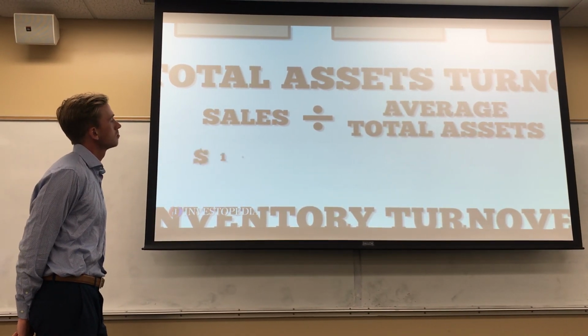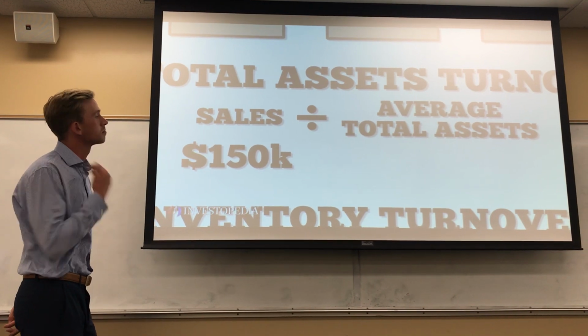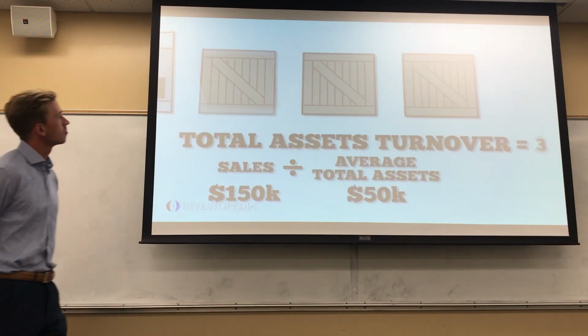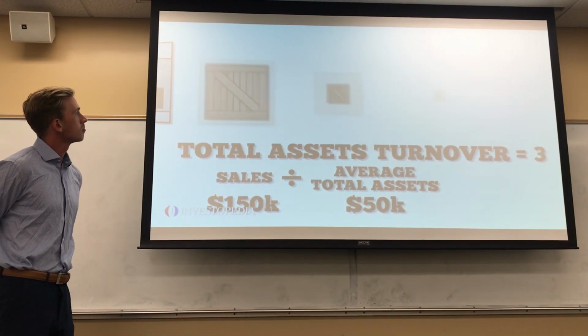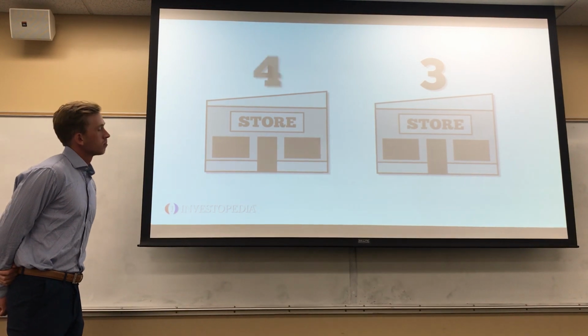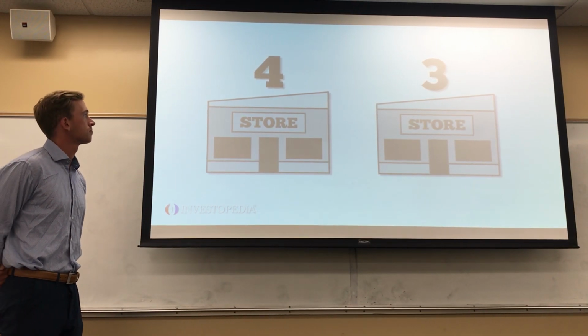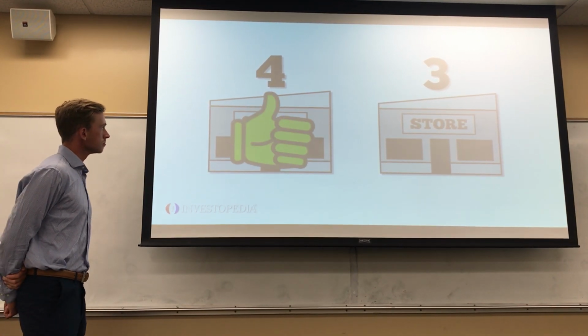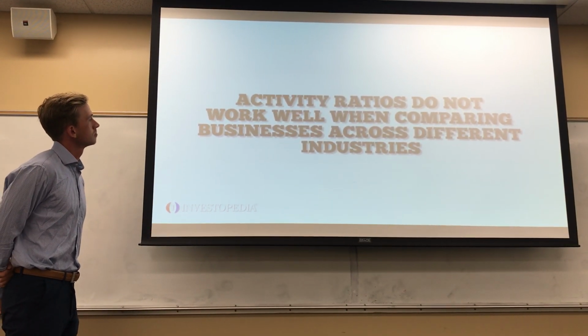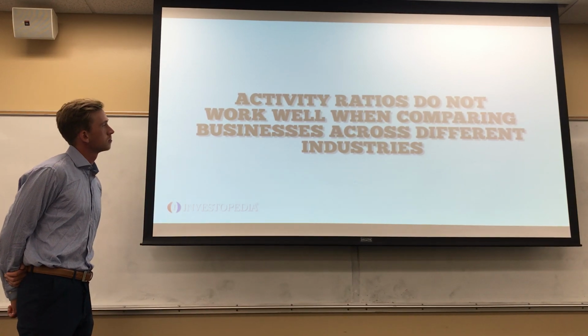If a company sold $150,000 of goods and its assets were $50,000, it turned over its assets 3 times in a year. Most companies need to compare their activity ratios with their competitors to truly gauge their efficiency. But higher ratios mean a business is making better use of its assets. Activity ratios do not work well when comparing businesses across different industries.